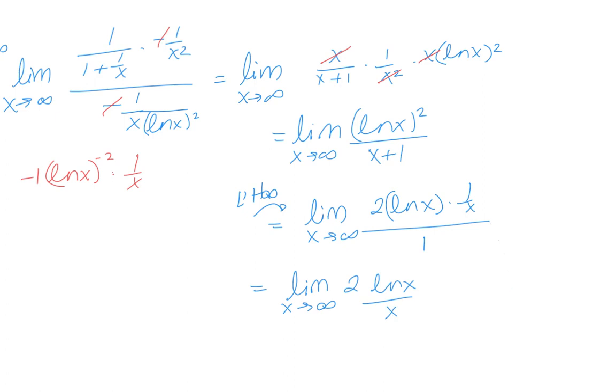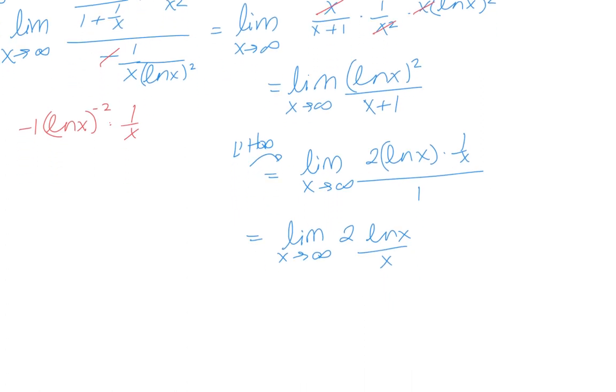And then we'd ask ourselves, can we do the direct substitution? And the answer is still no. All right, so we're going to do L-hop again. This is kind of a long one. L-hop again. It's going to be the limit as x goes to infinity of 2 multiplied by 1 over x, over 1. Now we can do direct substitution, and this is just going to be 0.